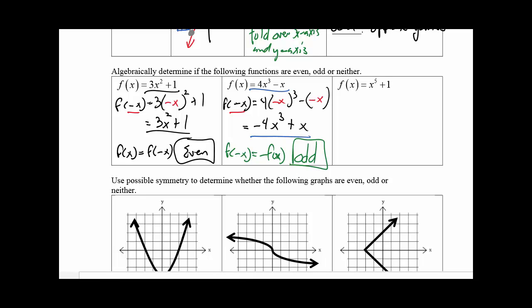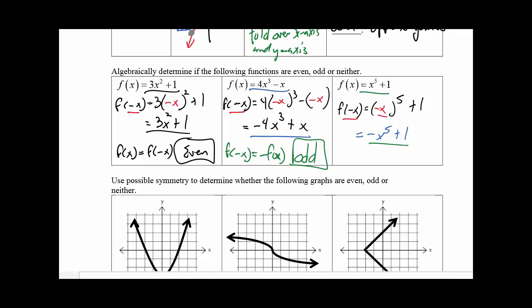All right, last one of these algebraic ones. So again, f of negative x. I want something to the fifth plus 1, and I'm going to fill the hole with negative x. What is negative x to the fifth? Well, it's an odd exponent, so a negative is going to come out. And let's compare that to the original.